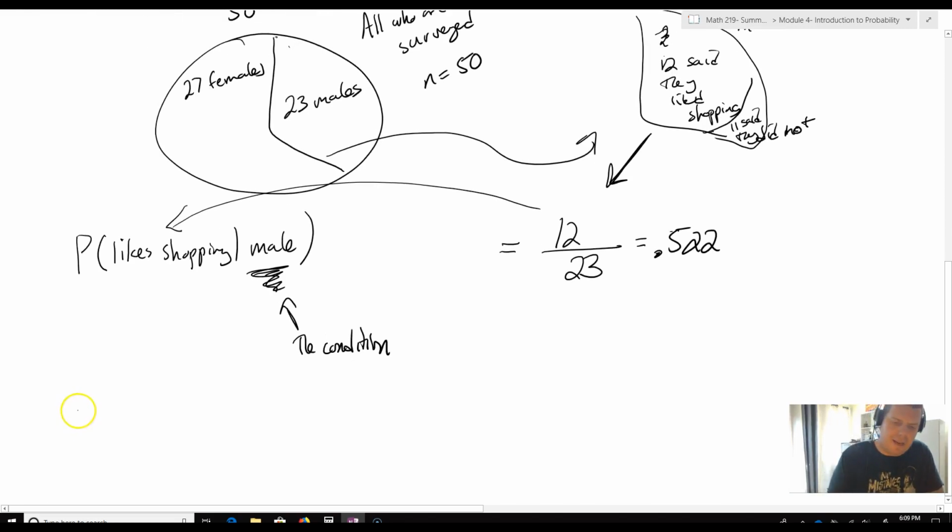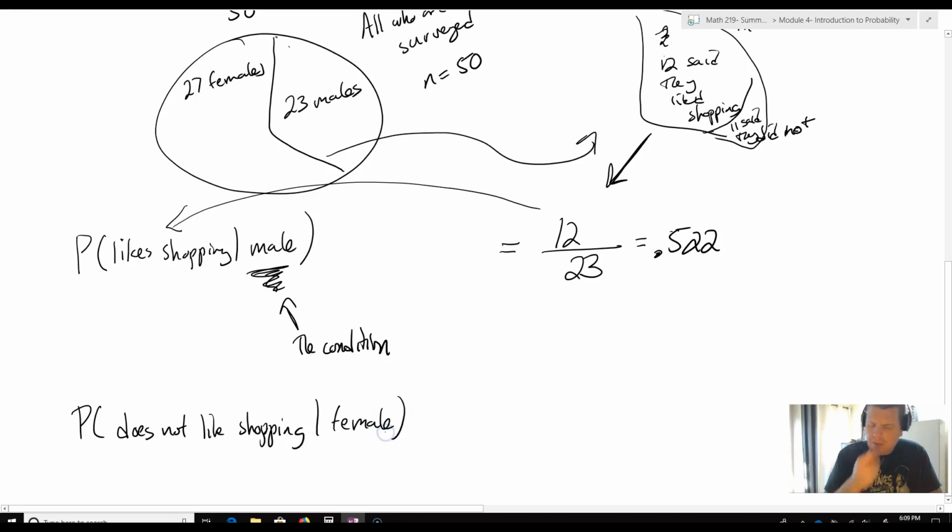So let me give you a different example. Suppose that we wanted to know the probability of does not like shopping. And this time, we're going to say given that the individual is female. Well, now we know that we have 27 females. We're only going to be picking from this grouping. Okay? We've got the 27 females.